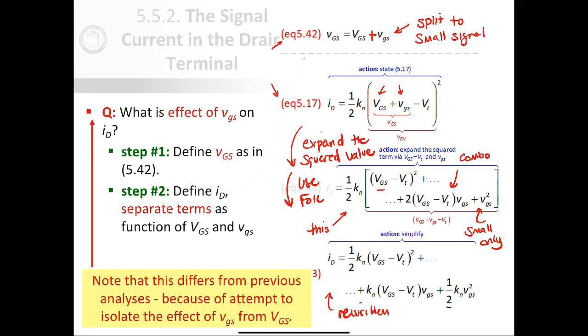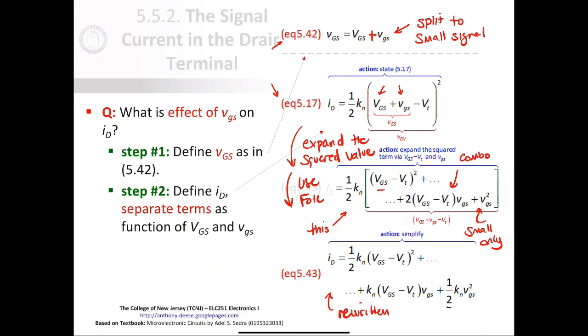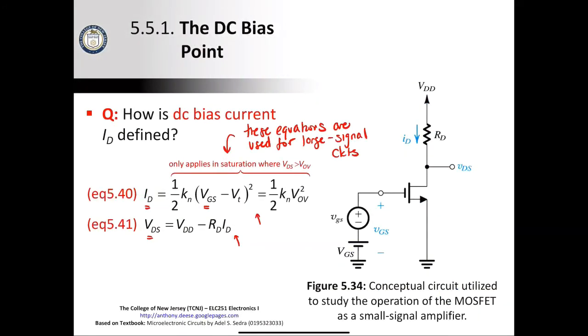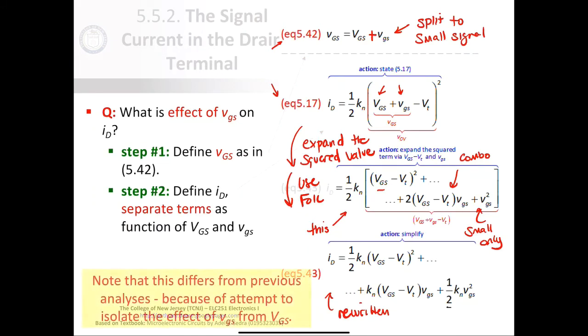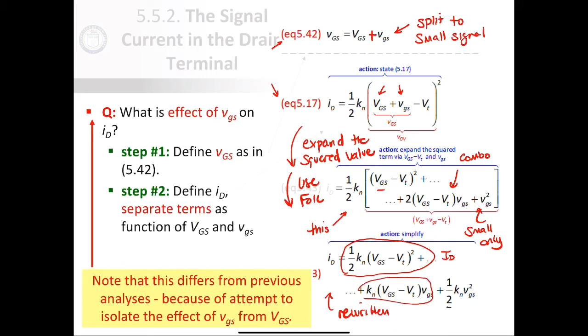This is the same expression we got from the previous page. That's this, the large signal value of ID. So the total ID is equal to the large signal component of ID, plus this component, which has both, and then this.